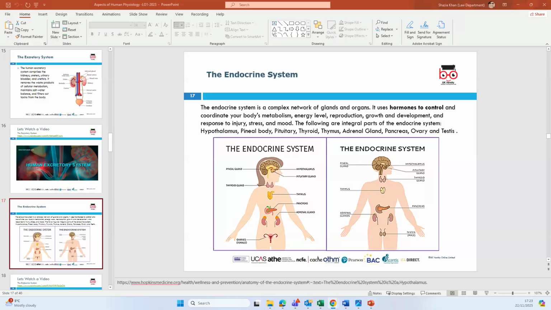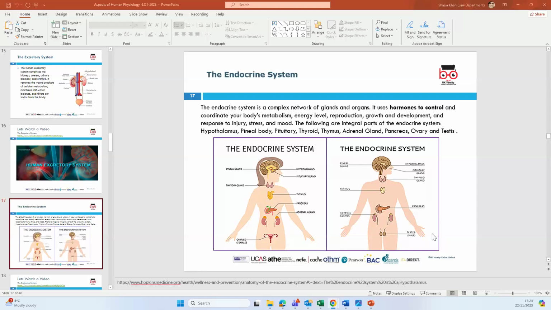How it works is that hormones are released from a gland into the bloodstream, and they travel through the body, but only affect cells that have the correct receptors for the specific hormone. The binding of the hormone to its receptor triggers a specific response in the target cell or organ. For example, the adrenal glands release adrenaline in response to stress.